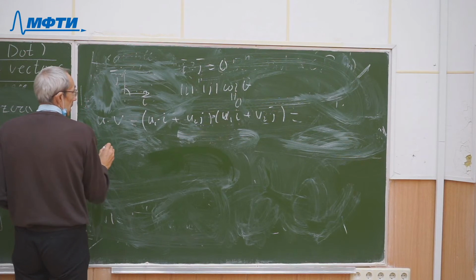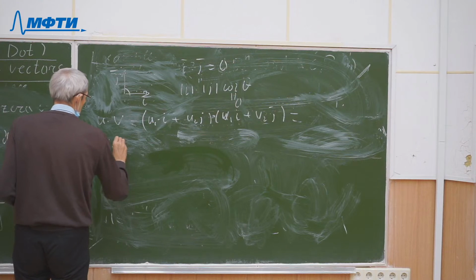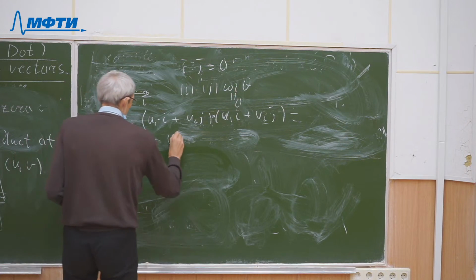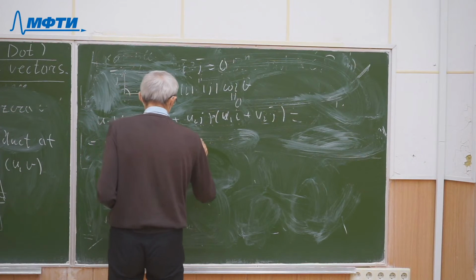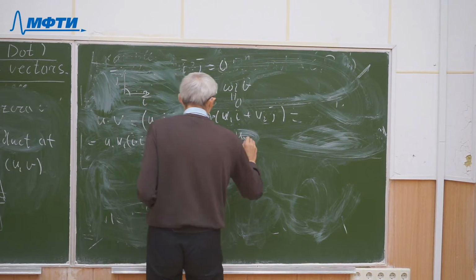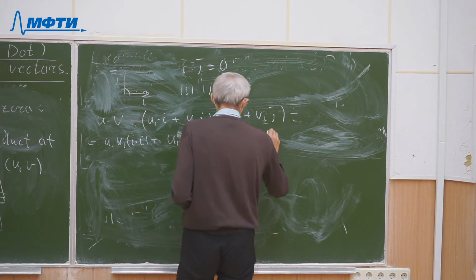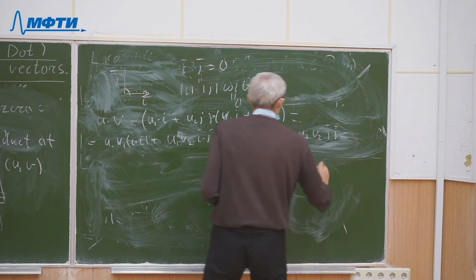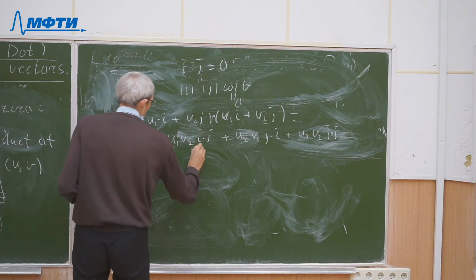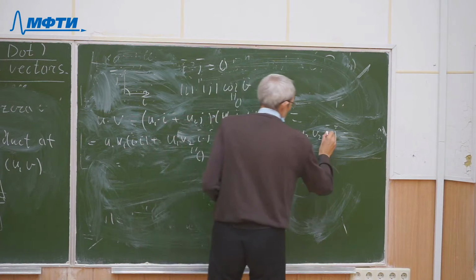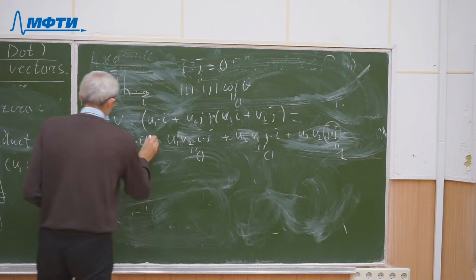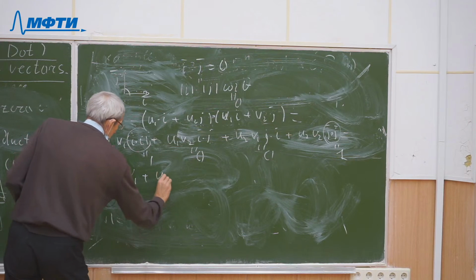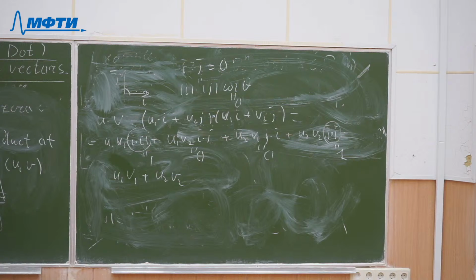This is equal to 0, this is equal to 0, this is equal to 1, this is equal to 1, and we obtain this formula for the scalar product.